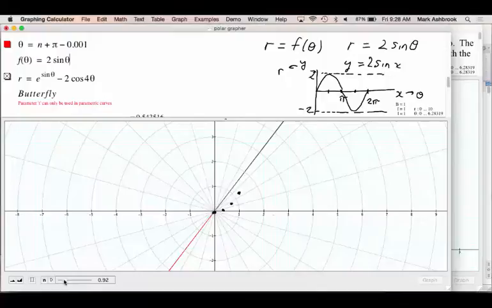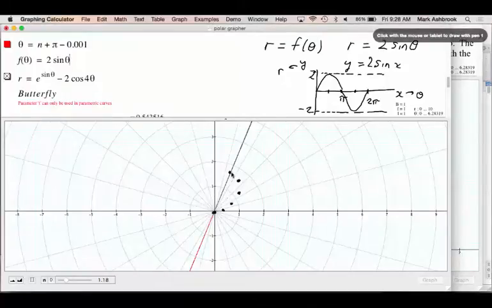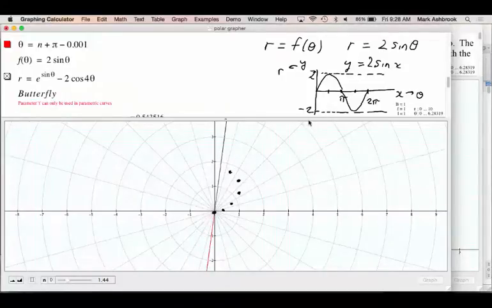So here now, theta is even greater, so r is further out. And where am I heading to? So by the time theta gets to pi over 2, what should r be at? 2. So a little further again, and then almost there, almost to 2. Until at pi over 2, r is 2.